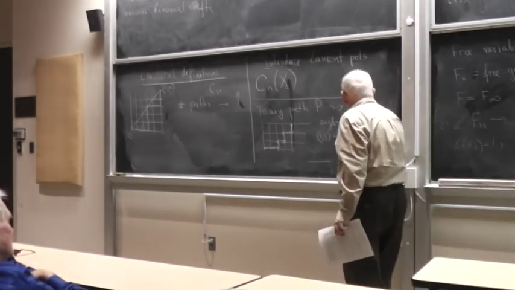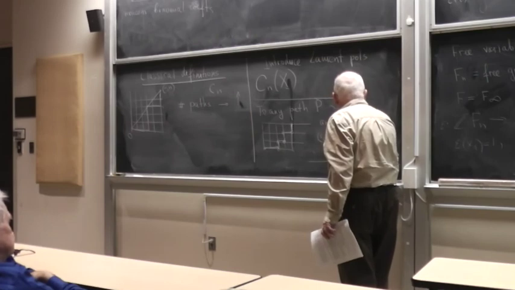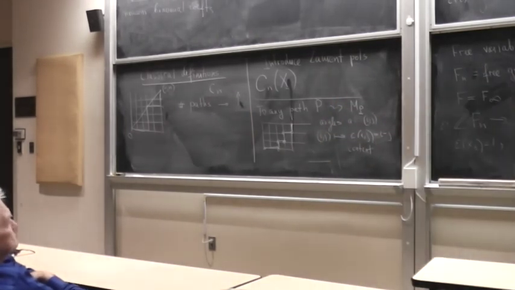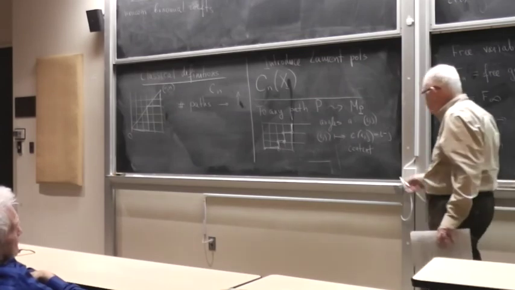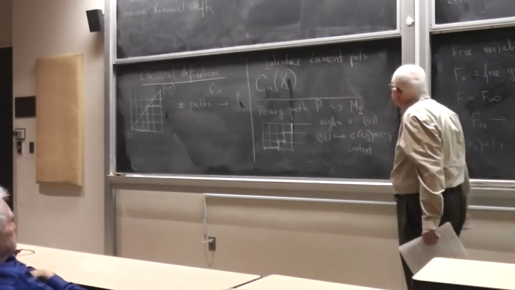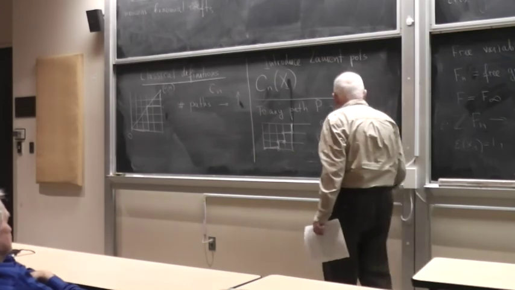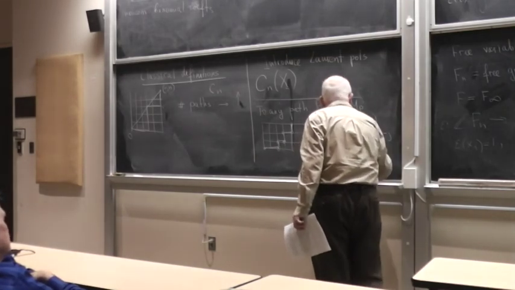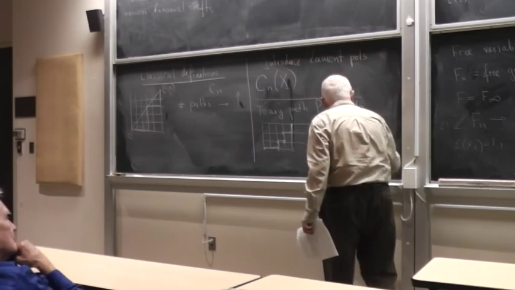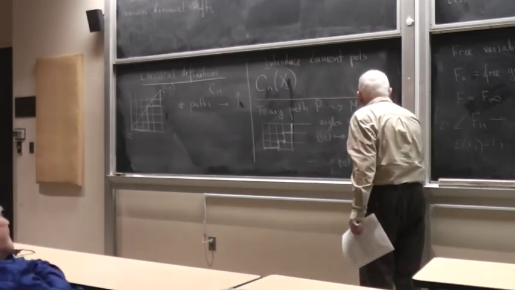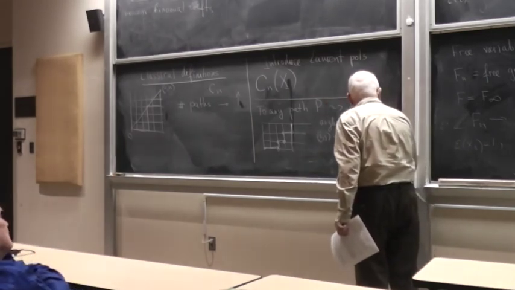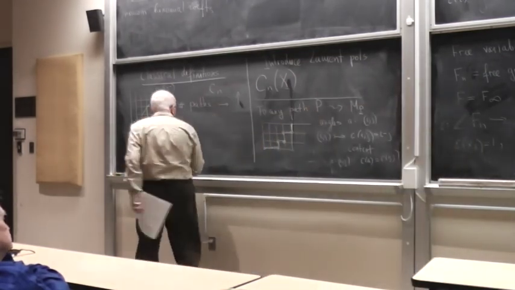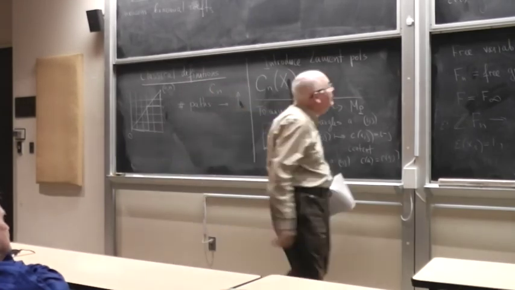That's a standard notion called content, in Macdonald's book. So if A has coordinates ij, I will write C of A instead of C of ij.